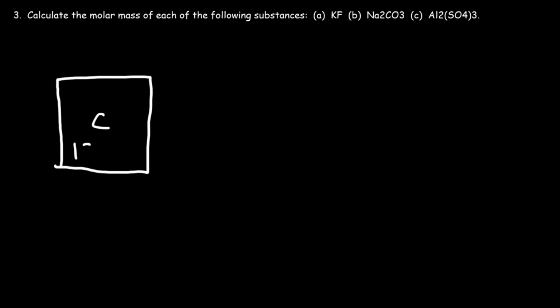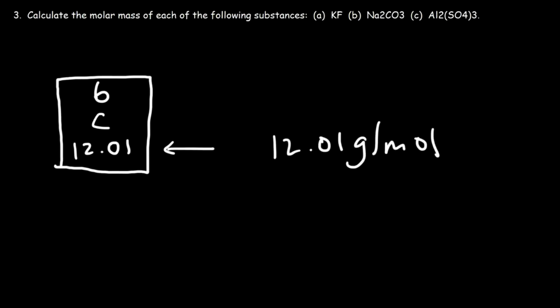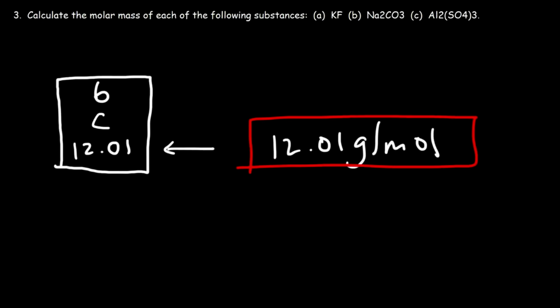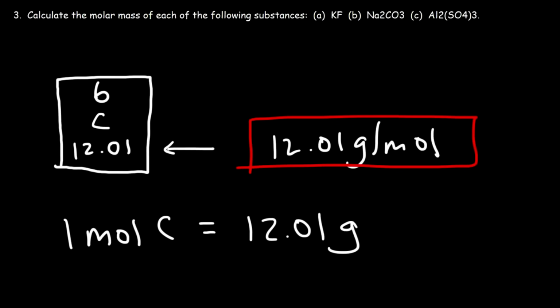Carbon has an atomic mass of 12.01. And so what this means is that carbon has a molar mass of 12.01 grams per mole. That's how you could find the molar mass using the periodic table. So if we had 1 mole of carbon, we would have a mass of 12.01 grams.